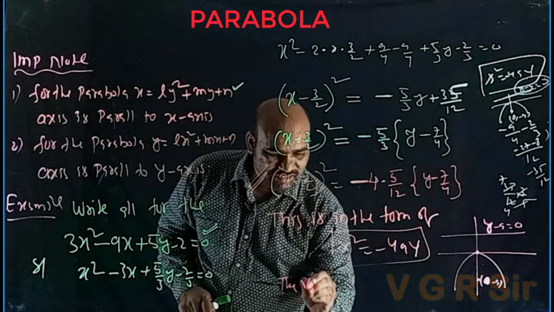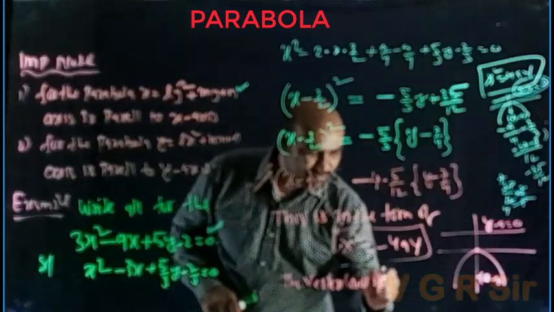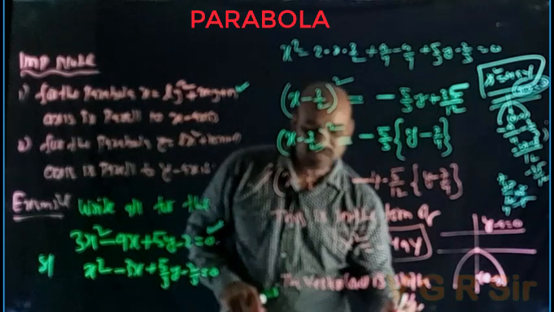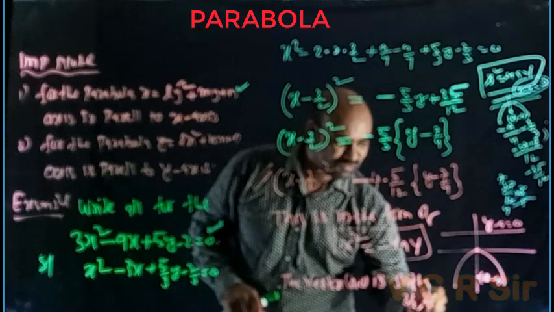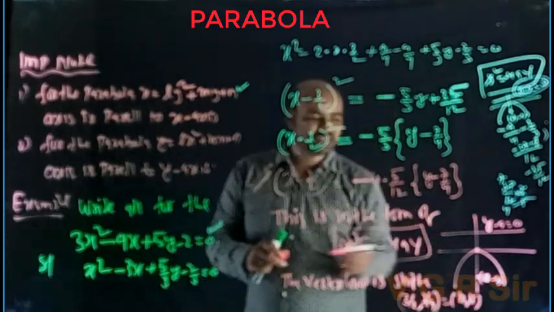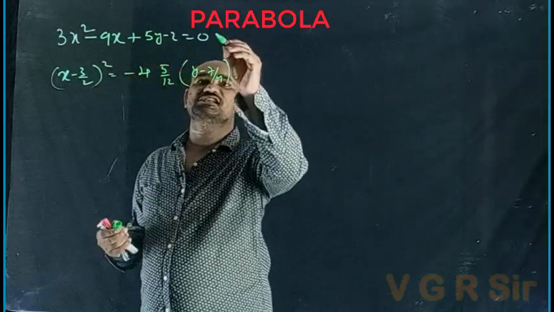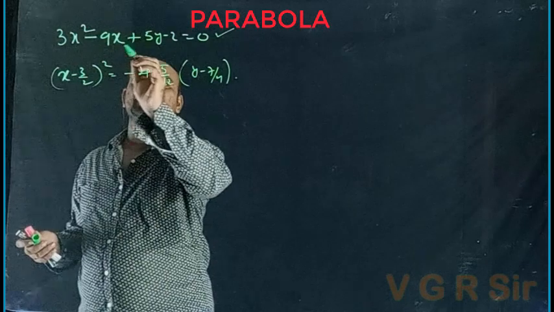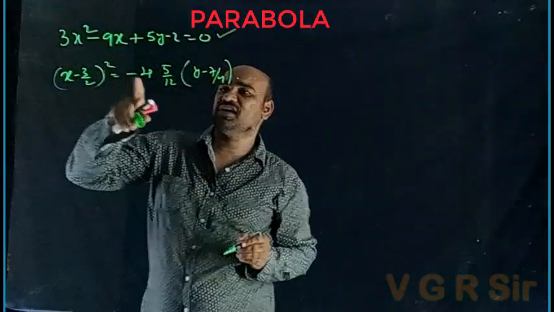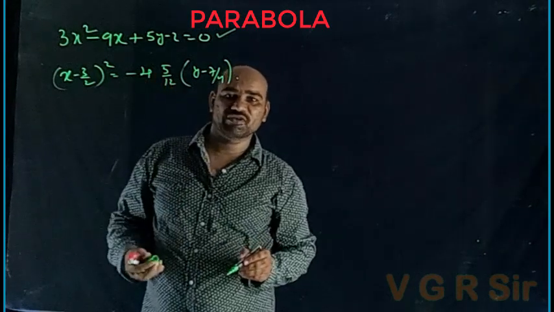The vertex 0 comma 0 is shifted to 3 by 2 comma 7 by 4. That is taken as h comma k now for us. By using this, you can complete everything. Okay students, what is the observation here? 3x square minus 9x plus 5y minus 2 becomes x minus 3 by 2 whole square equals minus 4 times 5 by 12 into y minus 7 by 4.